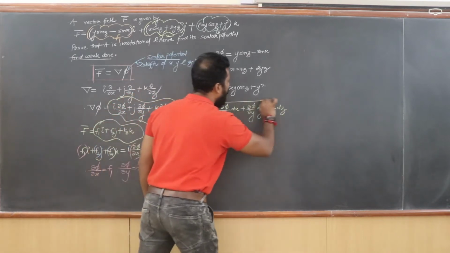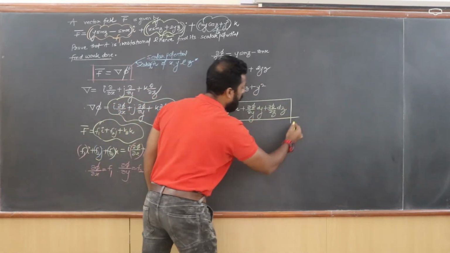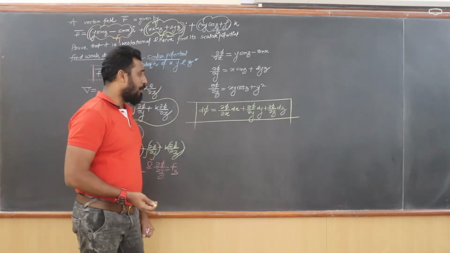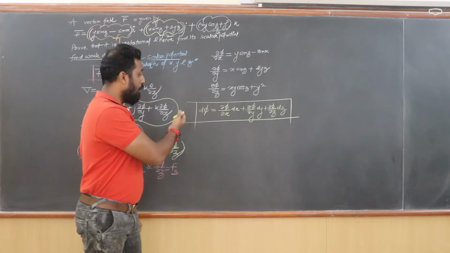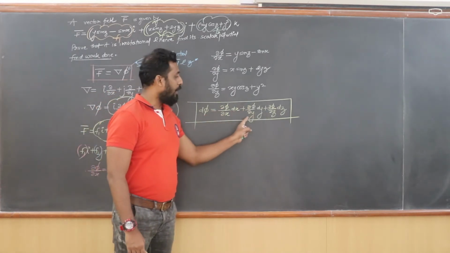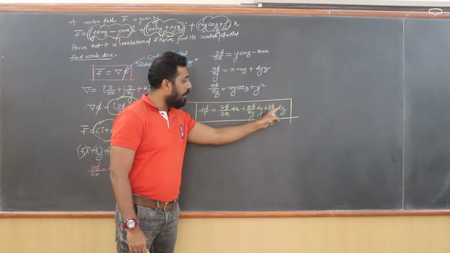That's a very important formula that you have learned in your lower standards. You want to recall it. If you are not recalling it, it's better that you remember it now. It is written over here: d phi is equal to ∂phi/∂x dx plus ∂phi/∂y dy and ∂phi/∂z dz.